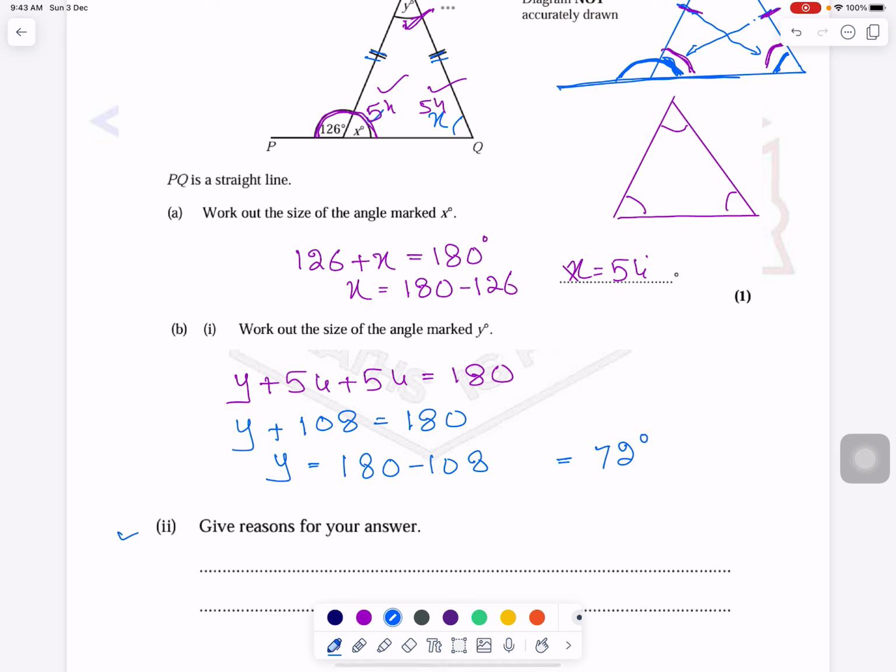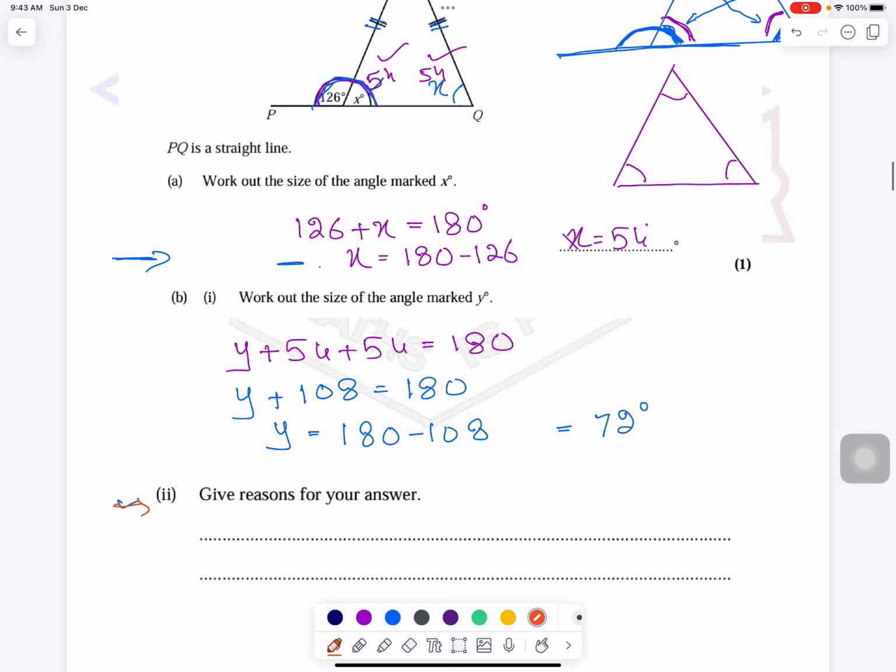It is saying give reason for your answer. If the same question was asked here, give reason to your answer, you could write here angle on a straight line. How did you calculate the value of x? Using the property that angle on a straight line equals 180 degrees. So what reason will you give here for part 2, where you have calculated y? There are different ways of writing it.